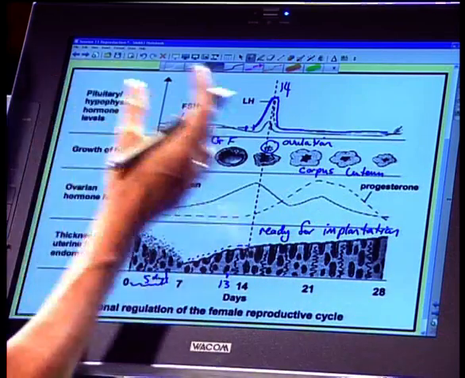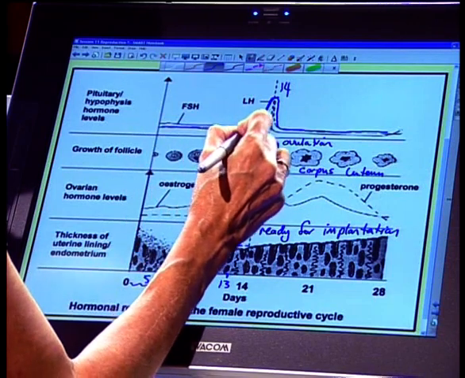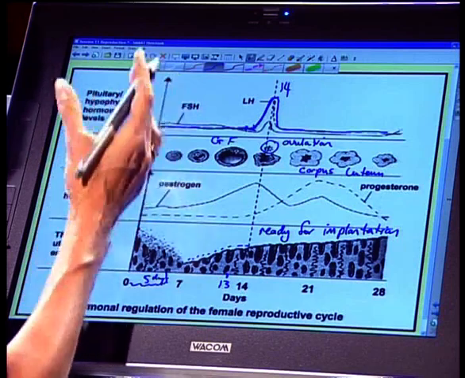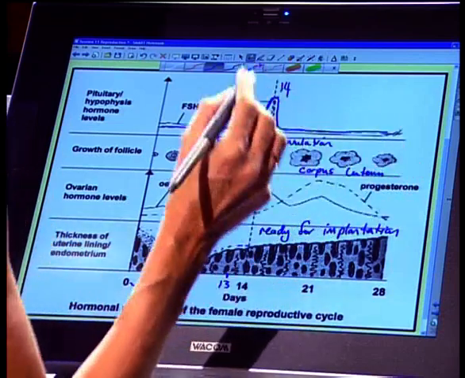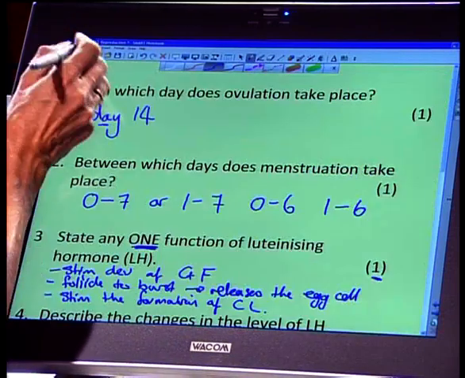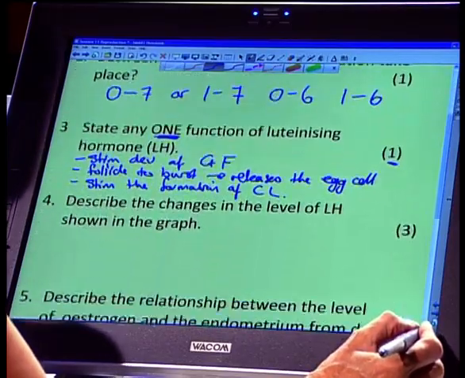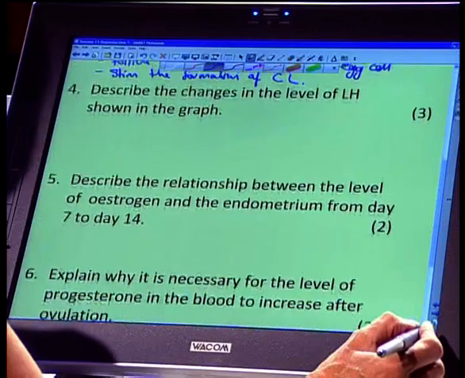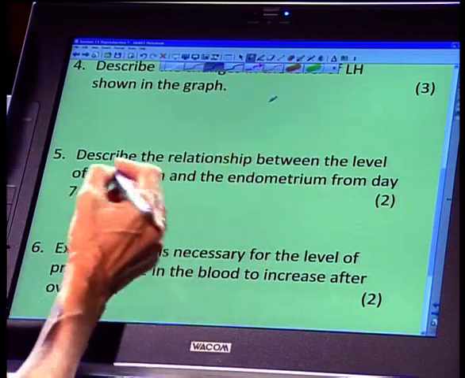All right? And all you're doing is you're describing what you are seeing here on this line. What do you see? And that's the easiest marks of the lot, because you're just saying what do my eyes see? Okay, we've done that. And that's going to give you 3 marks. The fact that it stays low, it peaks, and then it stays low again.